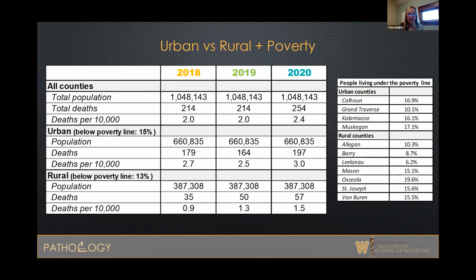This graph just kind of lays out the temporal aspect of that. And then on the right, that graph shows the specific percentage of people living under the poverty line. In urban communities, an average of 15% of people live under the poverty line, whereas in rural counties, about 13% live under the poverty line.